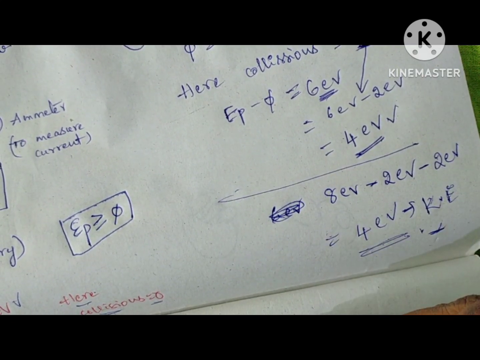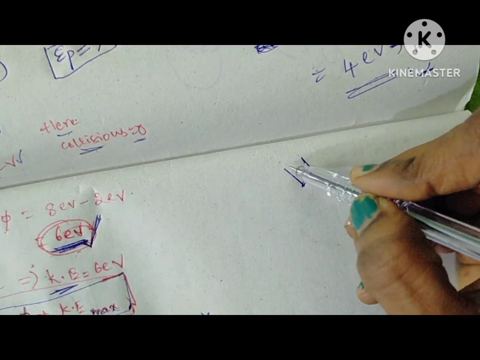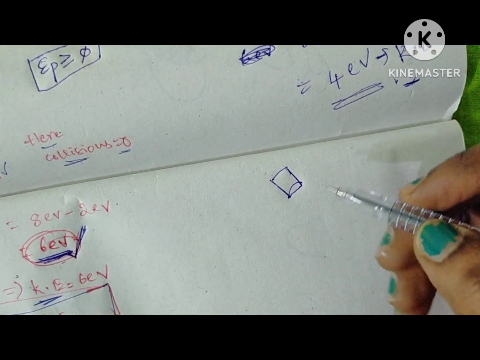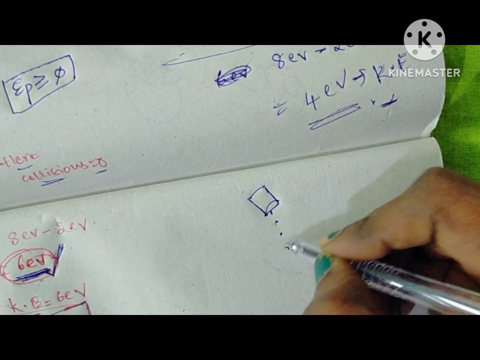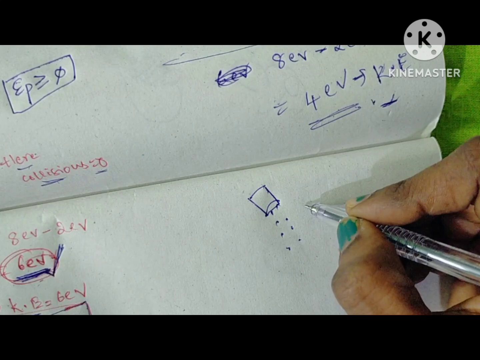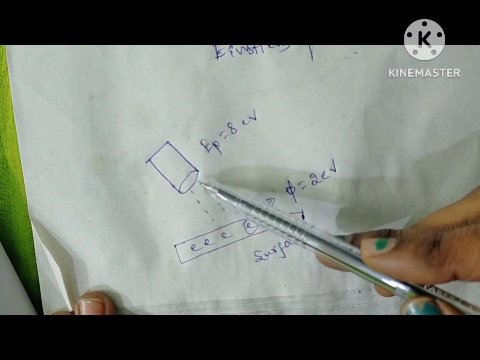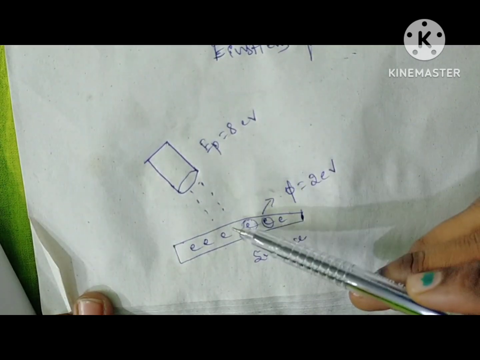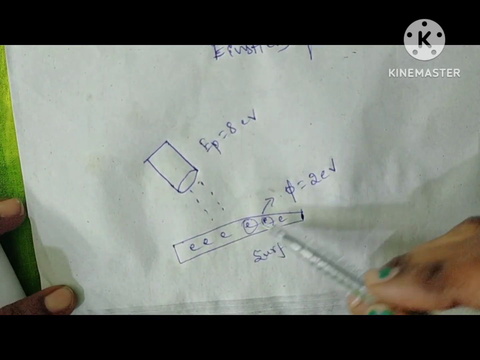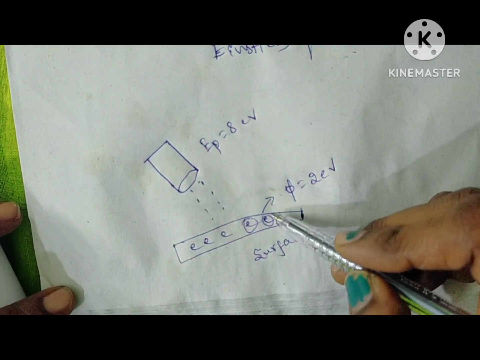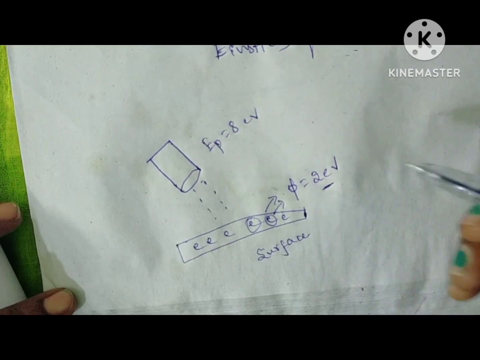Let's see, I will show you with an example from this light source. I will show you clearly. See, from this light source we are getting 8 electron volts. From this light source, 8 electrons are emitted. These 8 electrons fall on this surface. Only 2 electrons are emitted out, that is, the work function is 2 electron volts.